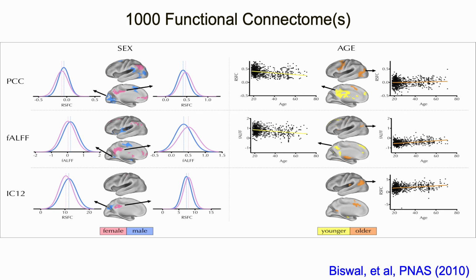And because we had more than 1,000 subjects, we could ask very specific questions like, was there a difference between male and female, and was there a difference in age? Were there any regions where the correlation went down with age versus regions where the correlation went up with age? The other thing, we made all this data publicly available.